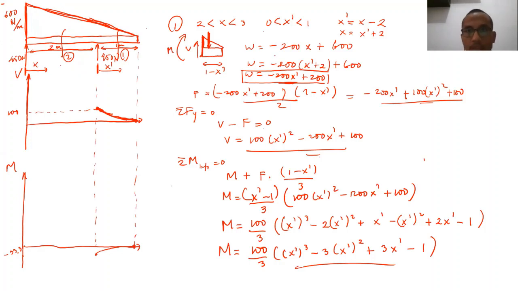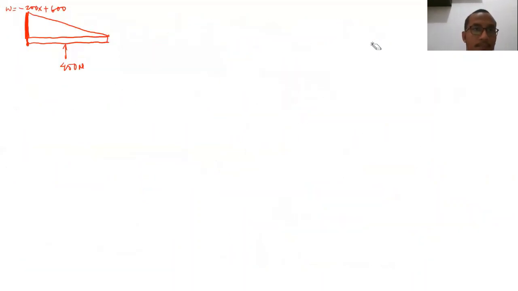Following this equation using x because now we do the second cut. Remember this is the second cut, and the second cut will work for x equal to 0 until x equal to 3 meters.